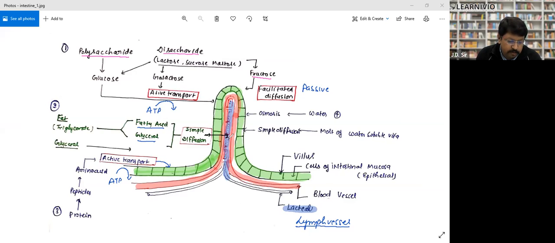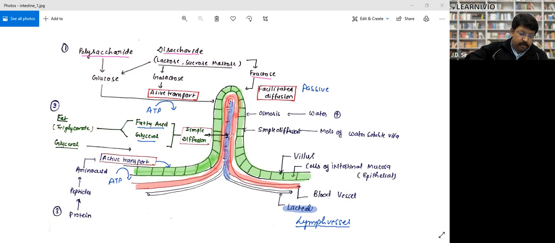Full stop. Fructose is absorbed by facilitated transport. Full stop.